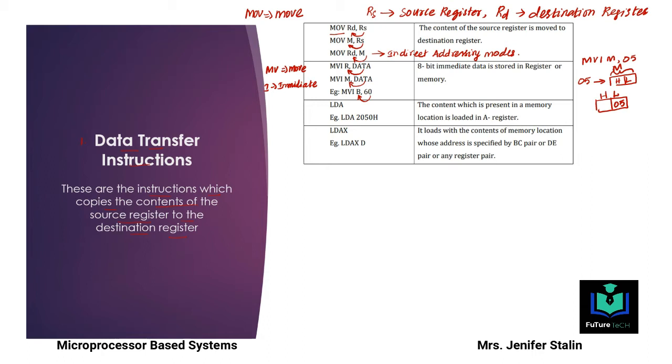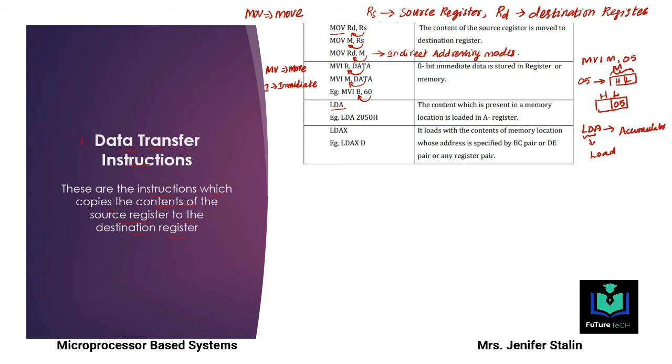The next instruction is LDA. LD stands for load and A stands for accumulator.